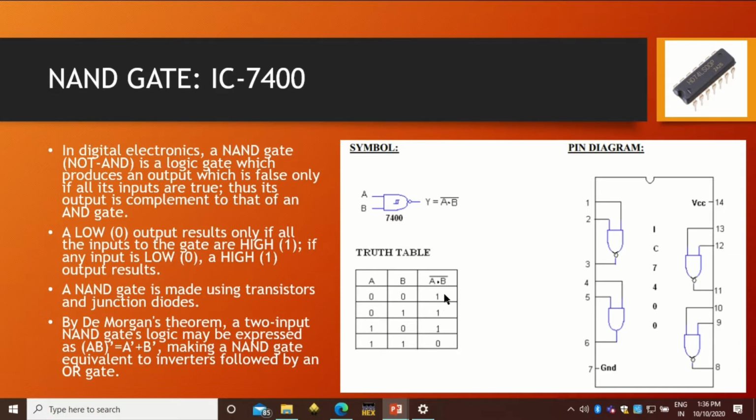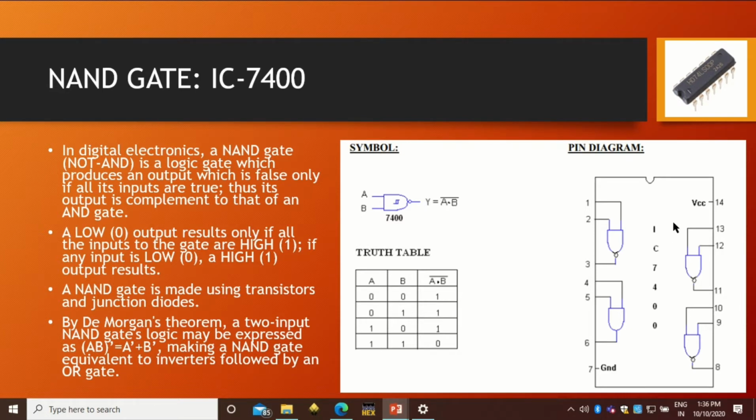So 0 will become 1 and 1 will become 0. For the AND gate this was 0, but for the NAND gate it is 1. Similarly, for the AND gate this was 0, for NAND it will be inverted to 1. Only in the case of the last combination, that is 1 1, the output will be 0. For all other combinations, the output will be 1.